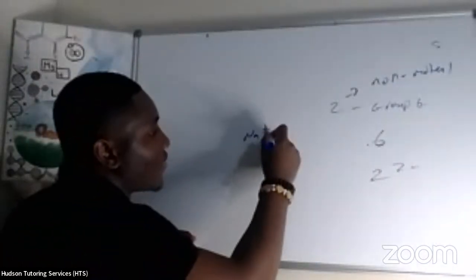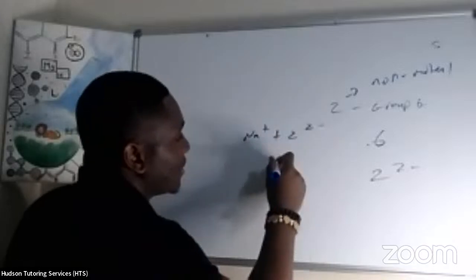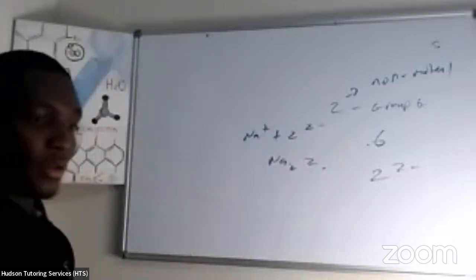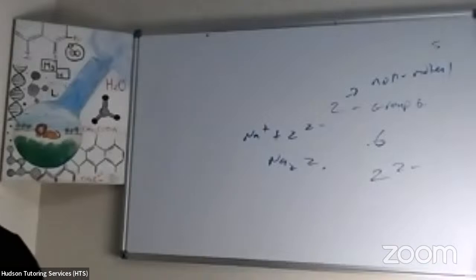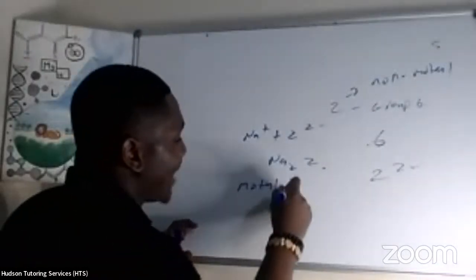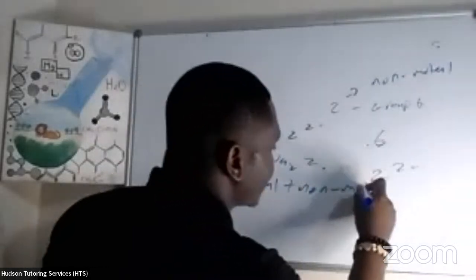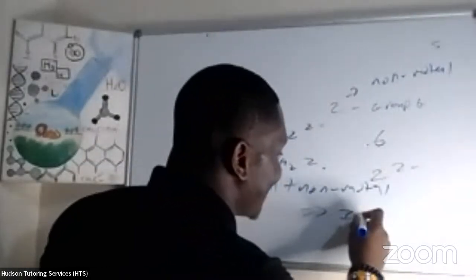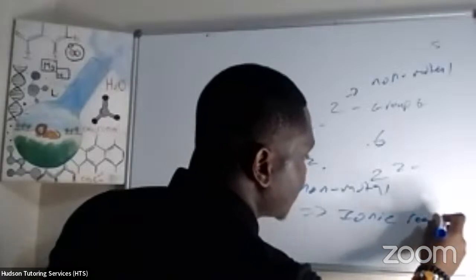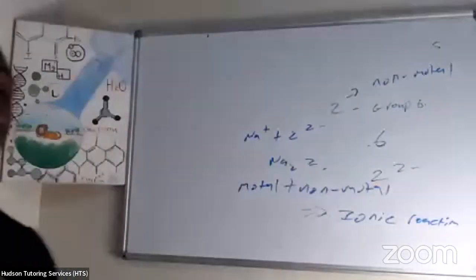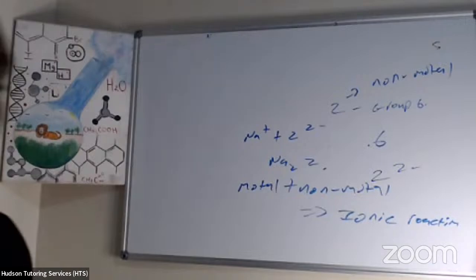Sodium is Na+. When it reacts with Z2-, that is Na2Z. Now it is a metal and a non-metal reacting. What is that form of reaction? When we have a metal and a non-metal reacting, obviously that is ionic. So of course, an ionic compound is expected to be formed.